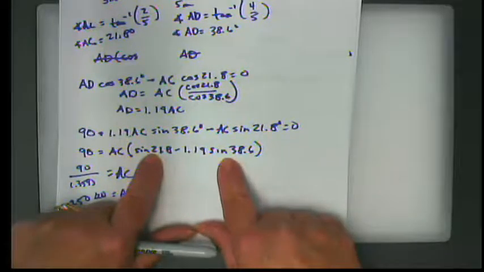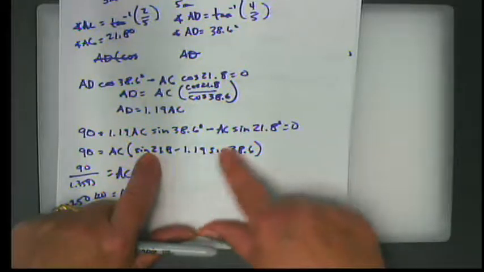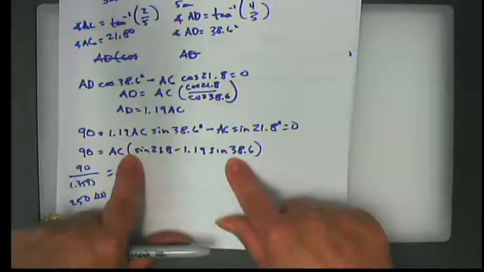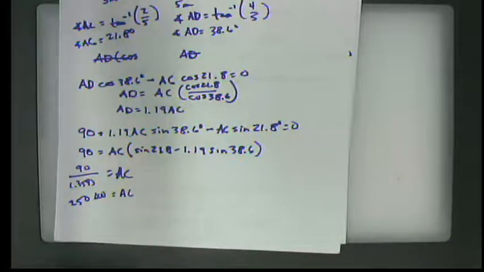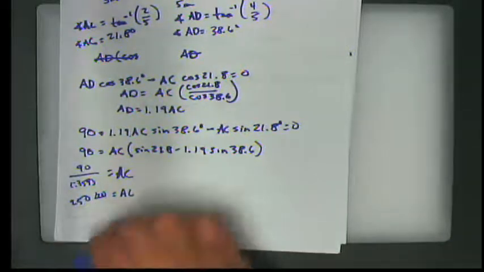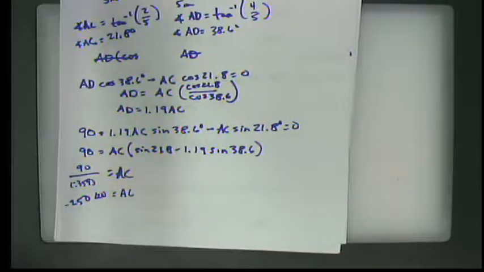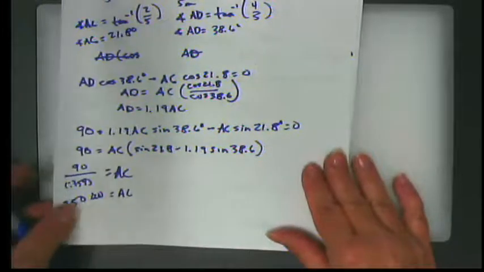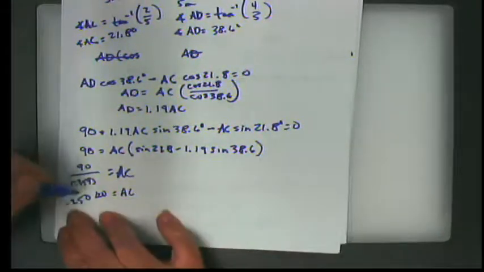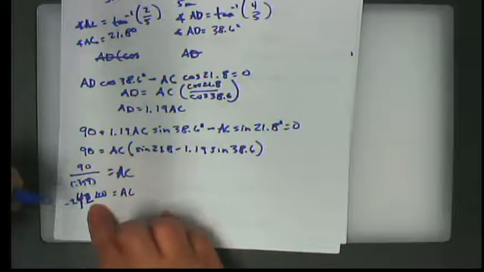So if you multiply it by 1.19, then this quantity is going to be larger than this quantity, and this is going to be a negative. That made sense. Thank you for correcting that. So what that means is that this is minus 250, no, 242 or something like that.